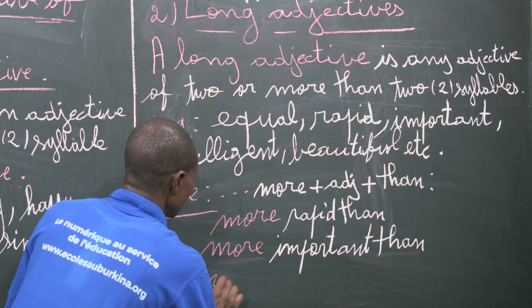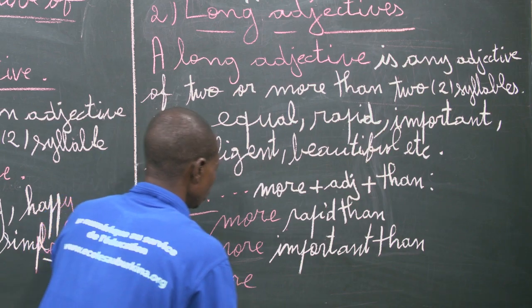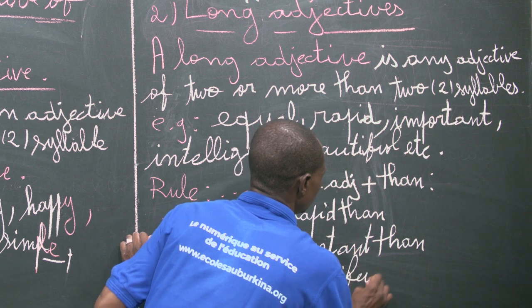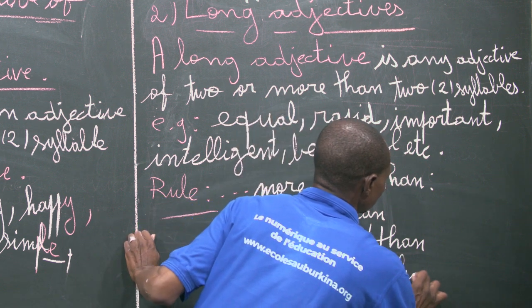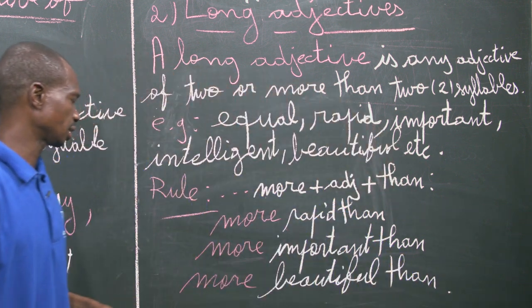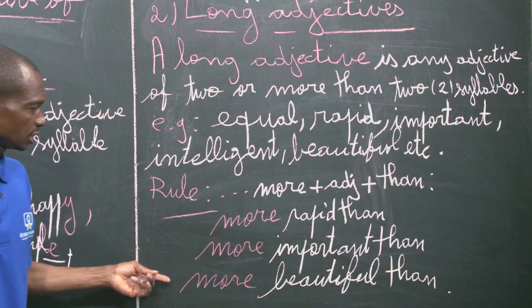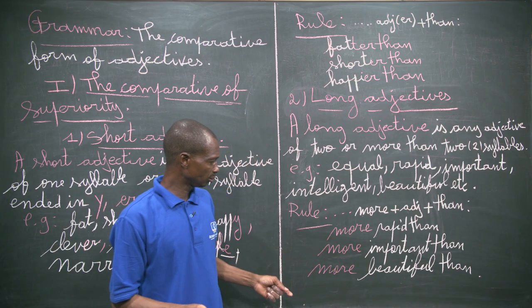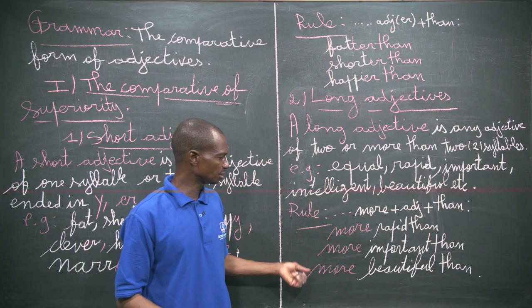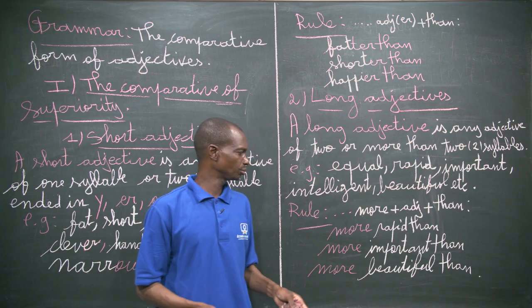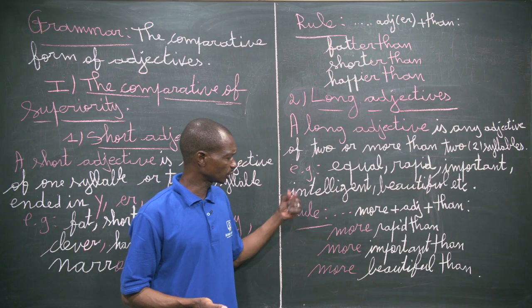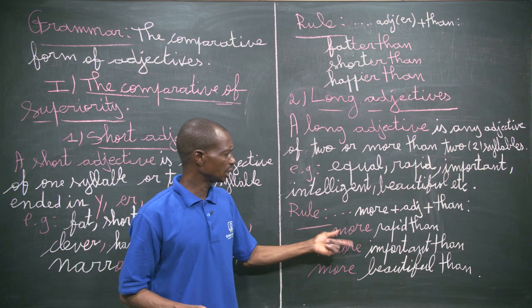These are some examples. Okay, more beautiful than. Then using it in context, we can say that, for example, Aminata is more beautiful than, for example, Fatou. This is an example in the context. Okay, then we can contextualize this adjective.